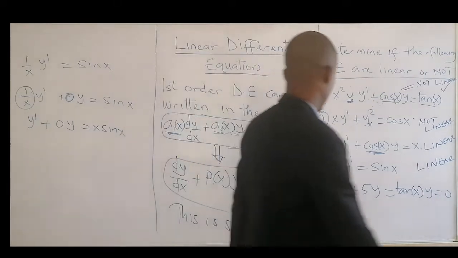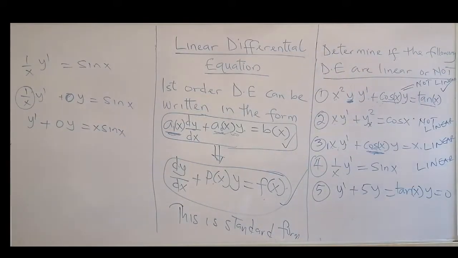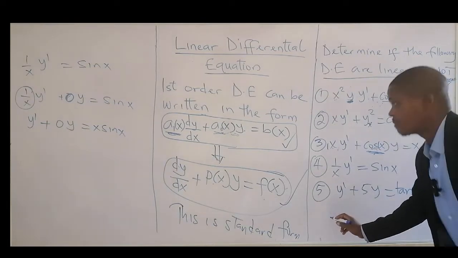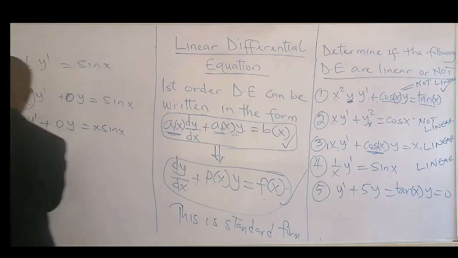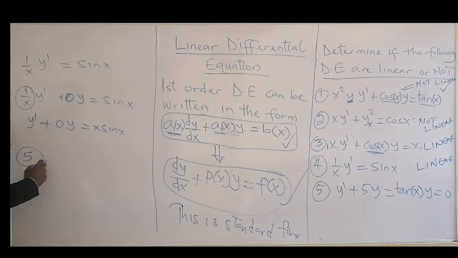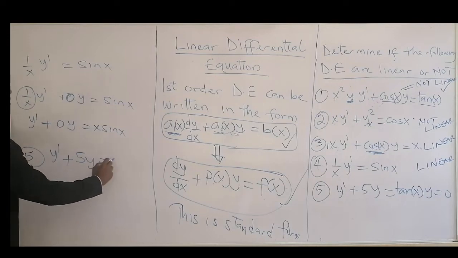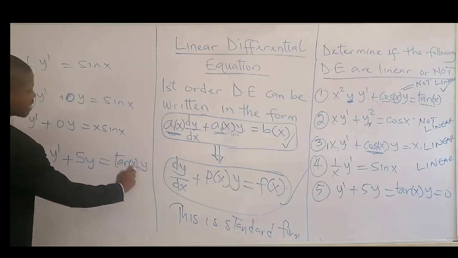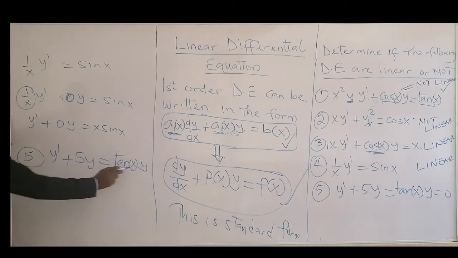It's a linear differential equation. The last one is also linear. Let's work on number 5. For number 5, we have y prime plus 5y equal to 10x, and it has y attachments. So y is here, y is here.